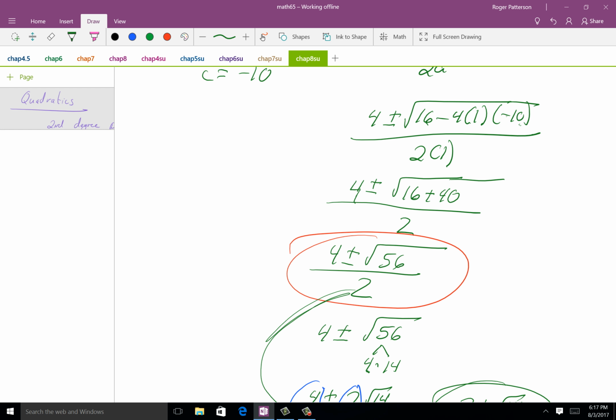Okay, divided by 2 times 1, which is 2. Okay, 5.74 is one answer. Then all I have to do is go up here and change this to a minus, and negative 1.74 is the other answer.